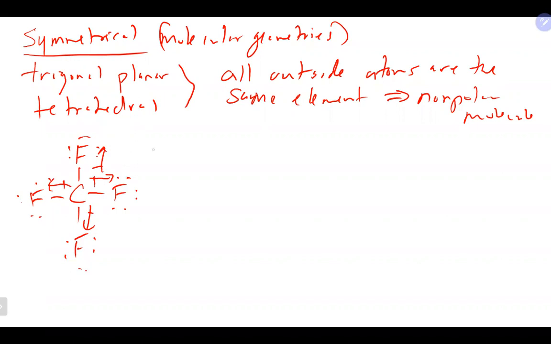They are all going to cancel each other out, and this would be a nonpolar molecule. Again, they're all basically equal and opposite of each other, kind of pulling equal and opposite of each other. A lot of people think about pulling on a string or a rope, and they all will sort of cancel out.